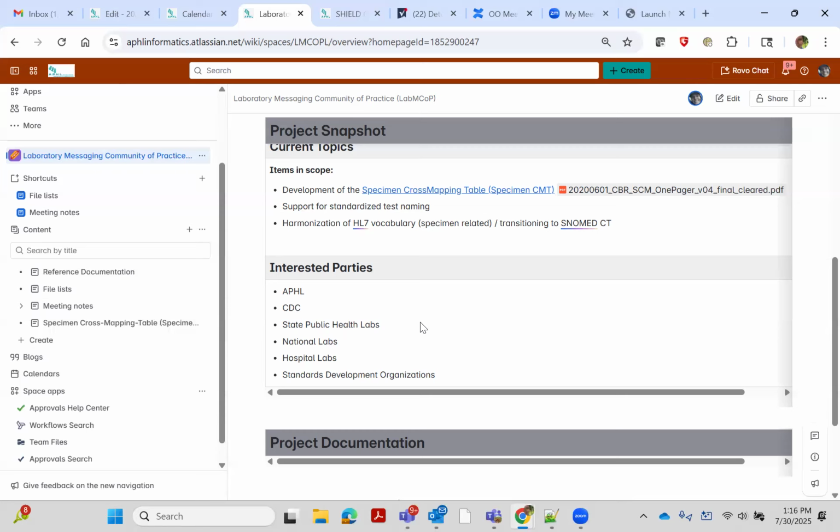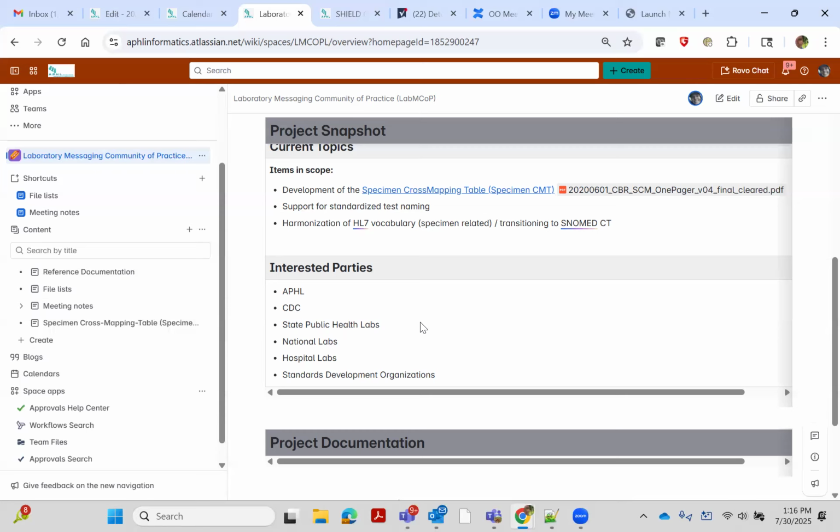The working copy is an Excel spreadsheet, which means if one specimen type is used in multiple domains, it'll be two rows in there or three, however many domains there are. And so we have a database that's the back end for this to capture those different relationships and the different uses.